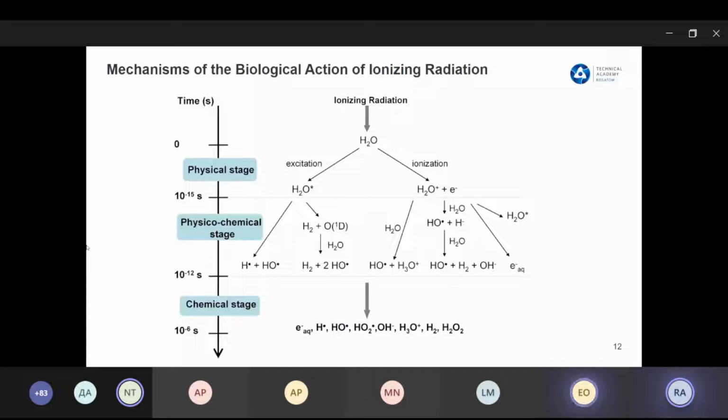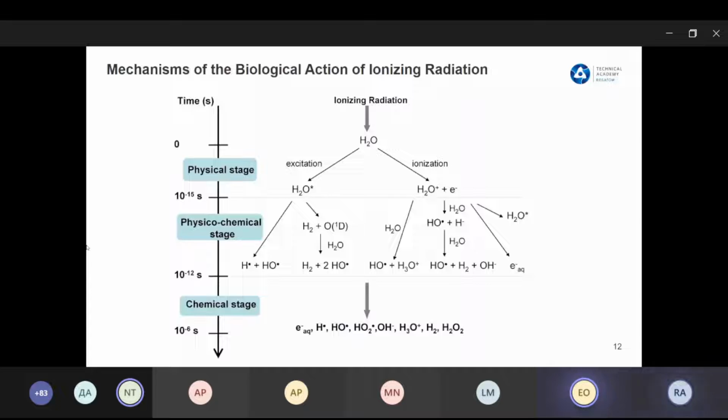And the fourth, biological stage. The timeframe of this stage is a wide range, from 10⁻⁶ seconds to many years. Processes developing during this period are based on changes in intracellular intermediate metabolism.